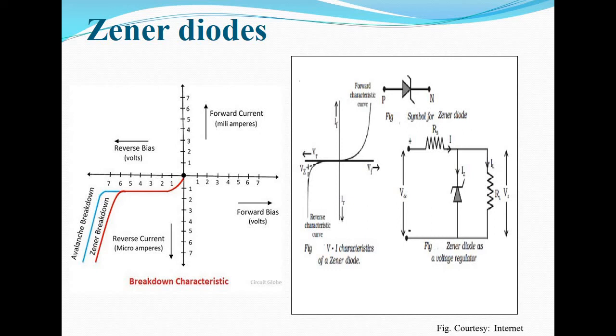In Zener breakdown, the electric field is stronger as compared with avalanche breakdown, because the mechanism of Zener breakdown occurs in a heavily doped region. As I said earlier, in a Zener diode the p-n junction is heavily doped.